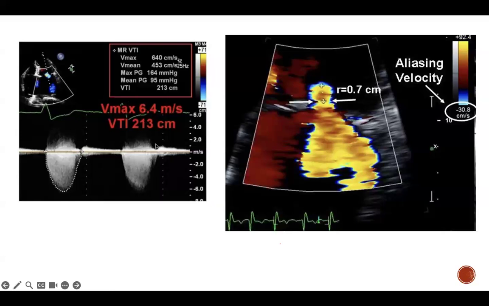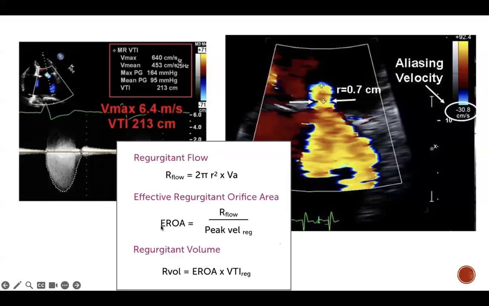What is left is only the area A2, which is reflected by the effective orifice area. This gives you the equation of the effective orifice area that we know from the book. If you understand the basic concept, from where we concluded our equation and from where we got all this data, you will never forget that, and you will do it easily many times in your practice. Any question here before we move forward?